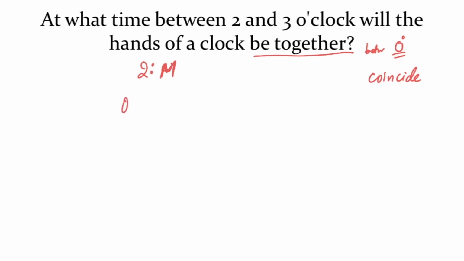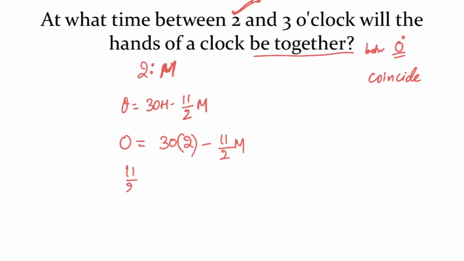We know that theta is equal to 30h minus 11 by 2 m. Here theta, the angle, is 0 degrees, equal to 30 into the number of hours completed. In between 2 and 3, 2 hours are already completed, minus 11 by 2 m.